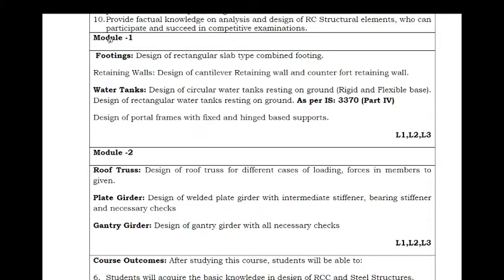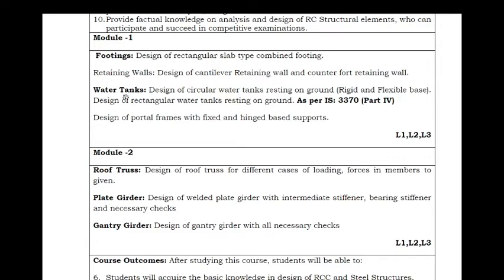That means before starting the syllabus you need to know how to design the basic structural elements. Now module 1, which deals with RC structures, let us go in detail. First is footings. In footings you have design of rectangular slab type combined footing, and the second point is retaining walls, design of cantilever retaining walls and counterfort retaining walls.